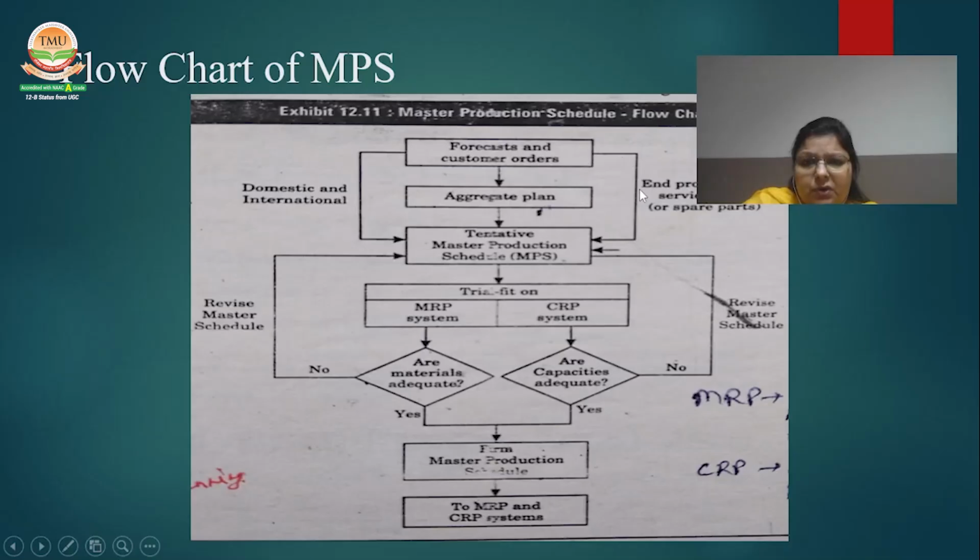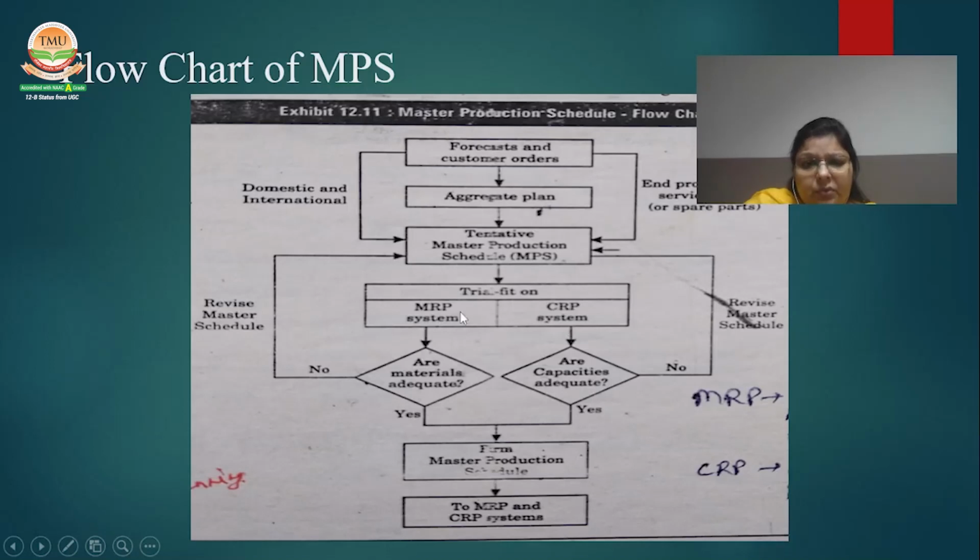From forecasting and customer orders, you can reach the tentative master production schedule, or from domestic and international decisions. We can go through the forecasting of customer orders, or we can come directly to the domestic and international orders, or to the end product service part or spare parts through the tentative production. Next, after this we reach the trial fit, which means the MRP system and the CRP system.